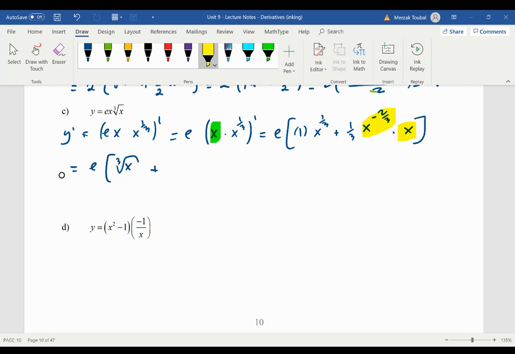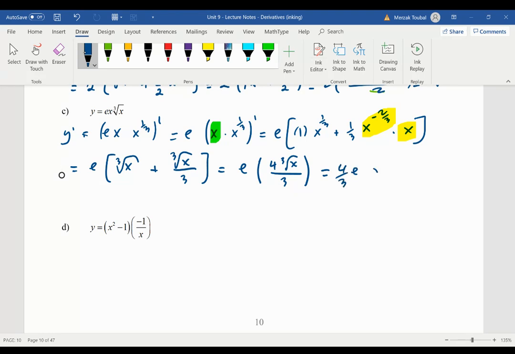So it's a cube root of x over 3. Okay, so we can combine this. It's e times, this is going to be 4 cube root of x over 3, which is, we can keep it like this, or we can write it as 4 over 3 e times cube root of x.